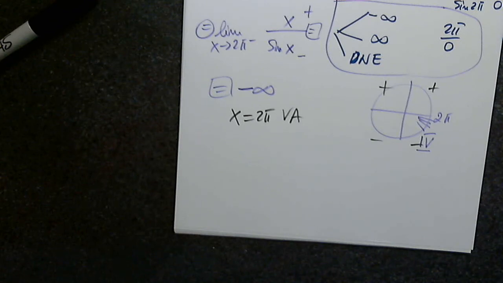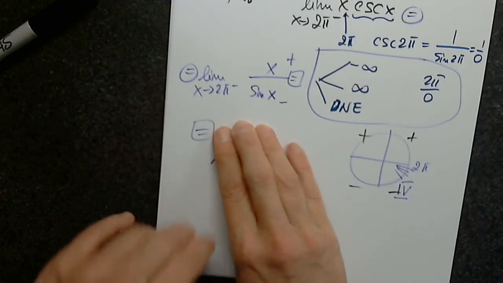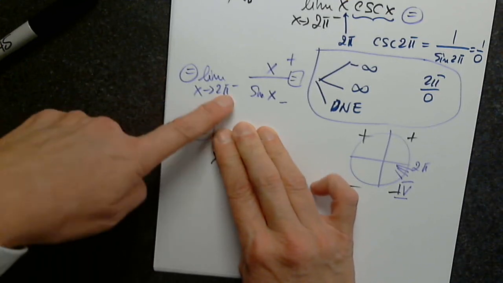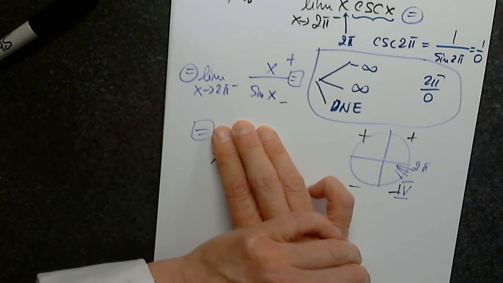Any questions? Now, is it always the case, with the problems that we just did, approaching either negative 3 or 2 pi, that the answer will always be a vertical asymptote? If the limit is infinity, otherwise no. So if this answer is, for example, 4, x equals 2 pi is not a vertical asymptote.